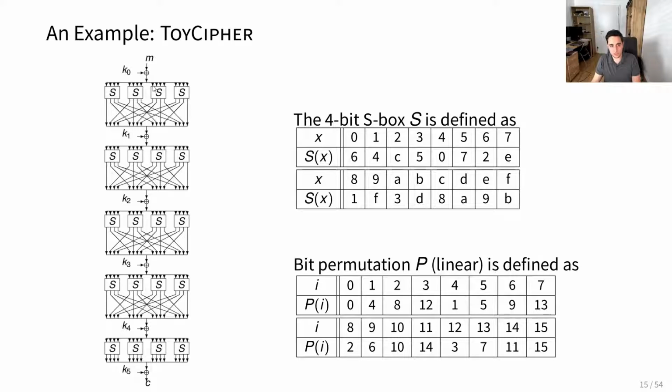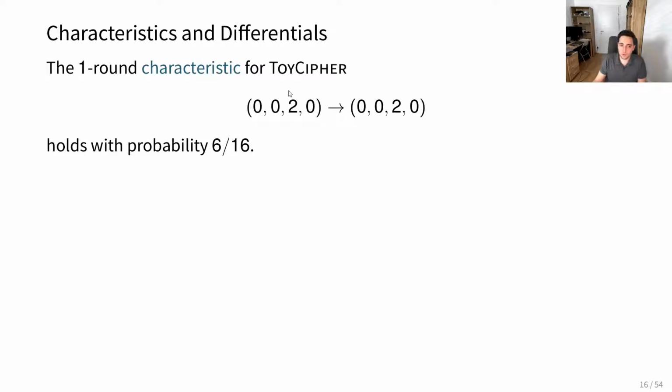So essentially, we have 0, 0, 1, 0 as the value. We will also see this later in more detail. But if we focus on this difference, we have this input difference, we apply one round, and we have that output difference. Then if we do the math with the probabilities, we find out that this holds with a probability of 6/16. So this is essentially it.